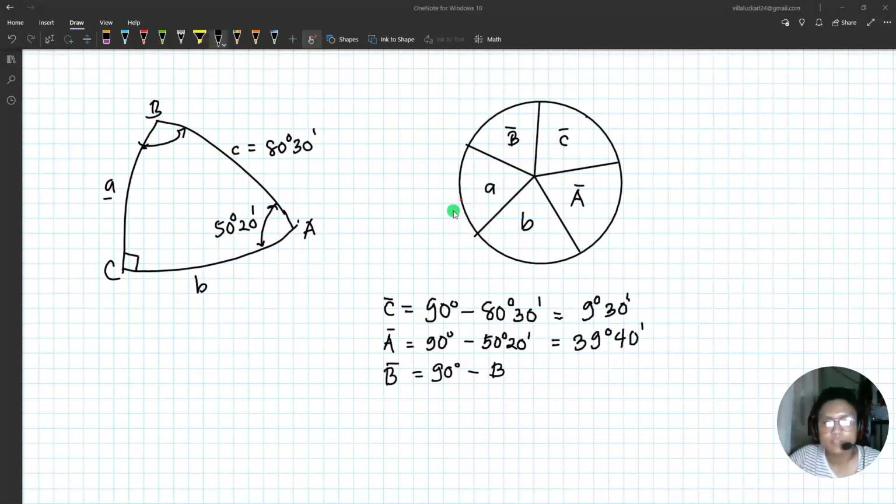Now let's solve the same problem using the Sin-Coop rule. The Sin-Coop rule requires a middle part and two opposite parts. Let's make sure that the values we substitute in our equation have only one unknown.